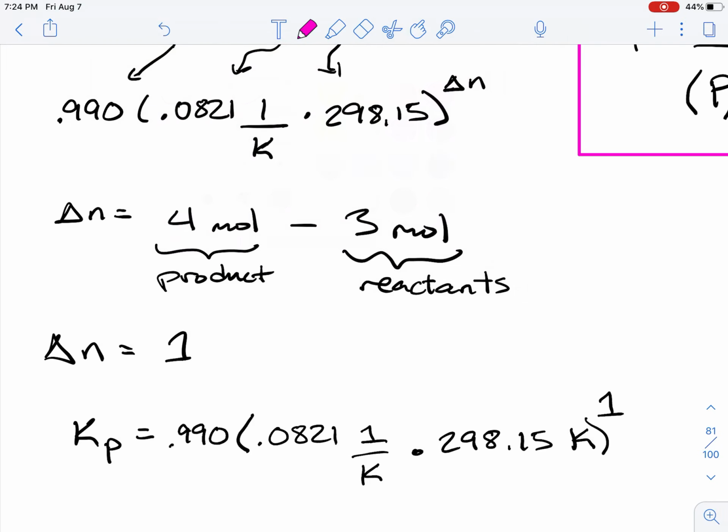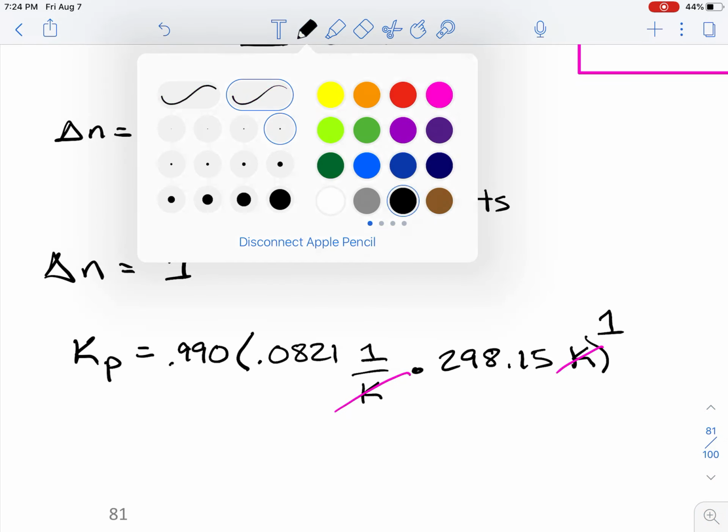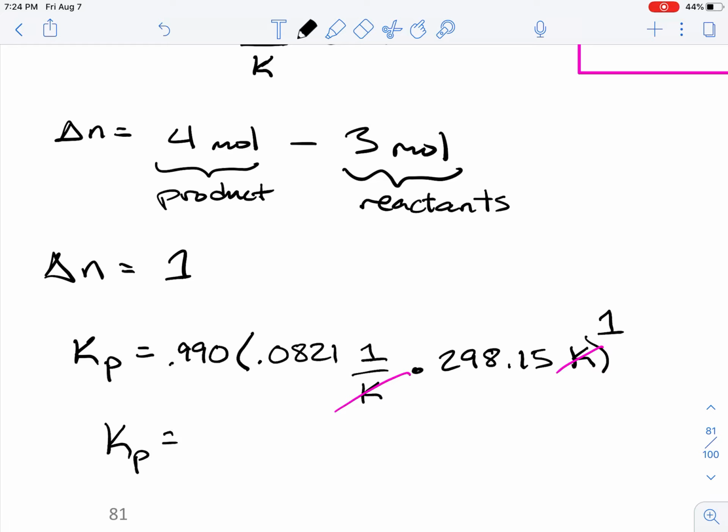The kelvins will cancel, allowing my Kp to be unitless, which is what we want because Kp is an equilibrium constant. The last thing I'm going to do is multiply across. So 0.990 parentheses 0.0821 times 298.15 raised to the first power. That's going to give me a Kp value of 24.2, and this is going to be my final answer.